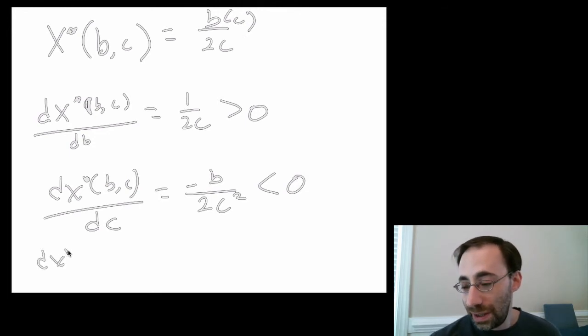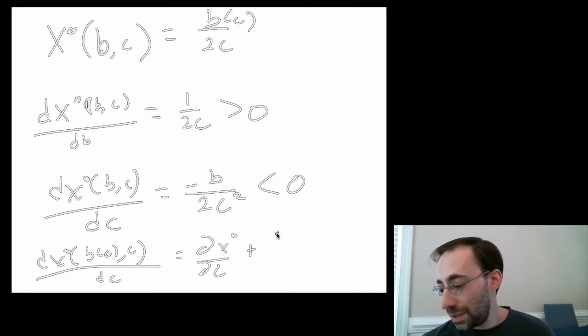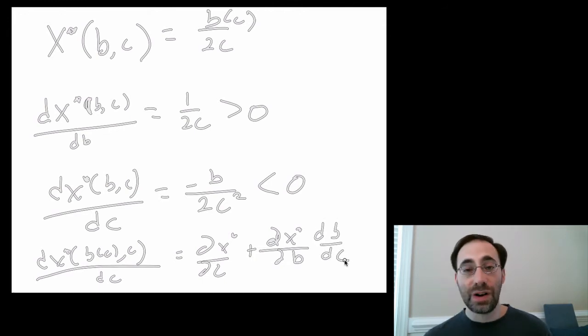So this thing, if now b were a function of c, would look like that plus partial x star partial b, db over dc. If you recall, this is the equation for the total derivative when you have more than one dimension.